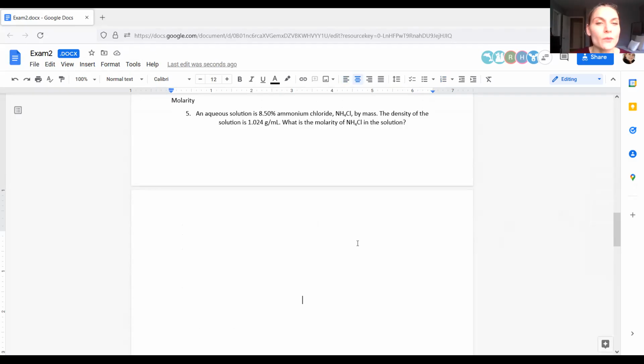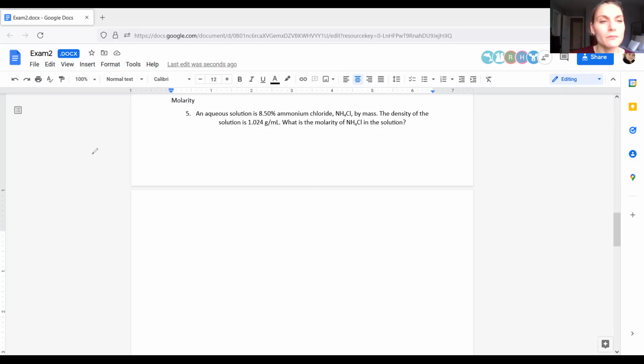It says an aqueous solution is 8.50% ammonium chloride by mass. So if you did the mass percent, the mass of the solute over the mass of solution, you get 8.50%. It tells you the density of the solution is 1.024 grams per mL. We want to figure out what the molarity is in the solution.